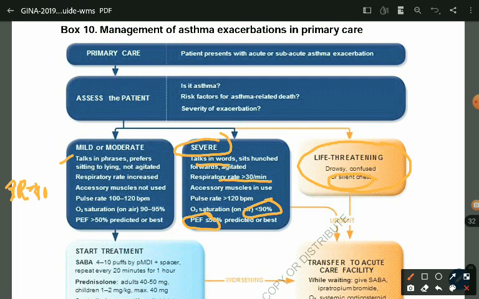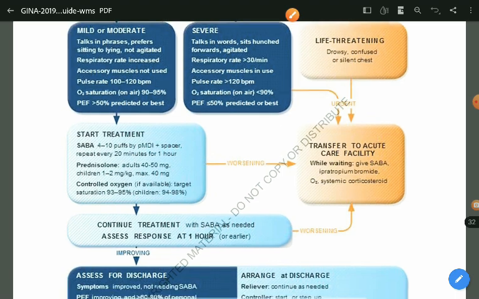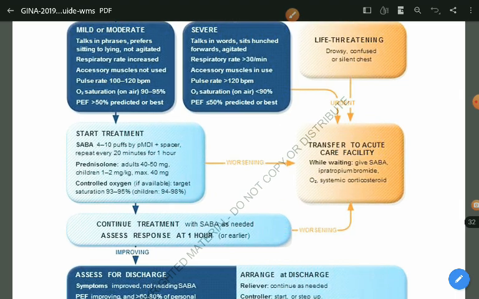So how do we manage this? For mild or moderate classification, we start treatment that includes SABA in the form of salbutamol, 4 to 10 puffs by PMDI or metered dose inhaler plus the spacer. And we need to repeat this every 20 minutes for 1 hour.